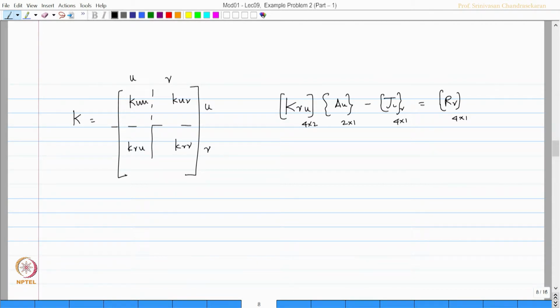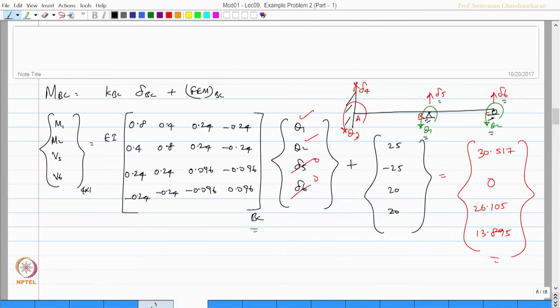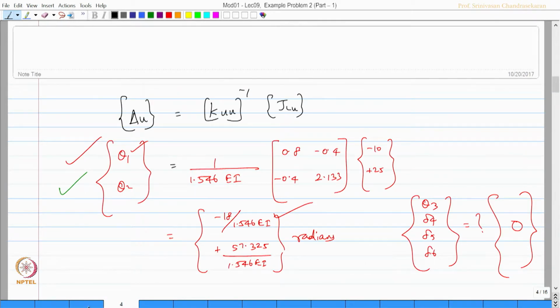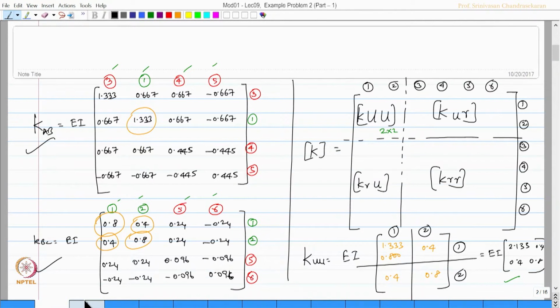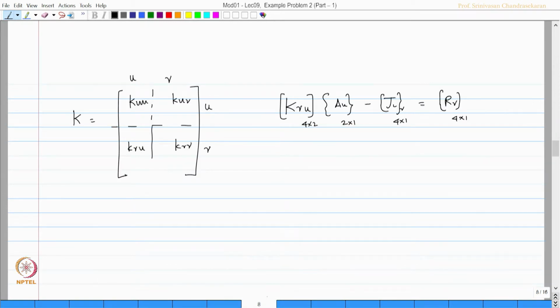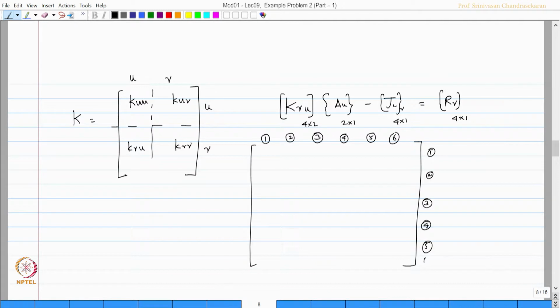From the given matrices KAB and KBC, we can always pick up the labels for KRU. So, let us write down the K matrix with labels 1, 2, 3, 4, 5, 6, similarly 1, 2, 3, 4, 5 and 6.